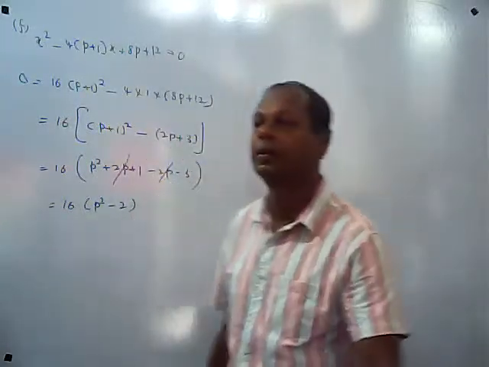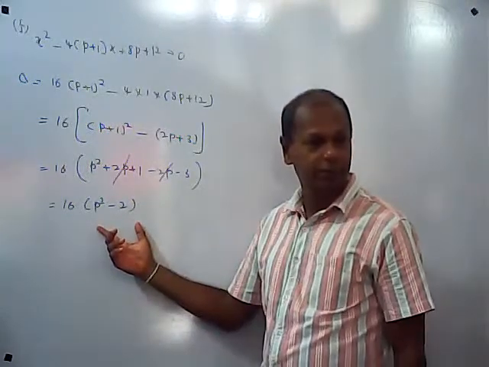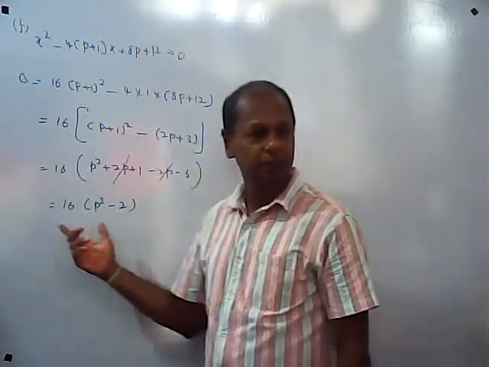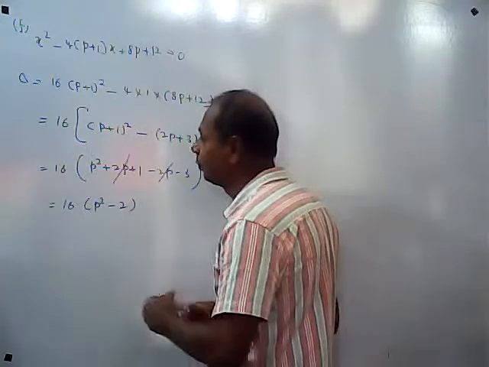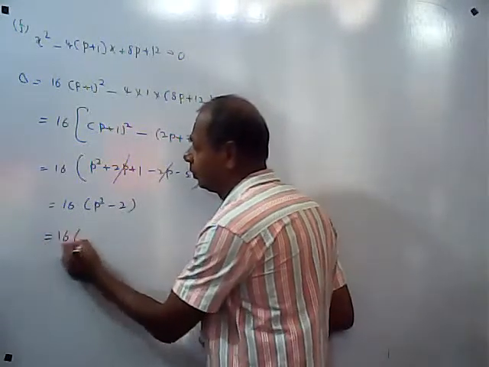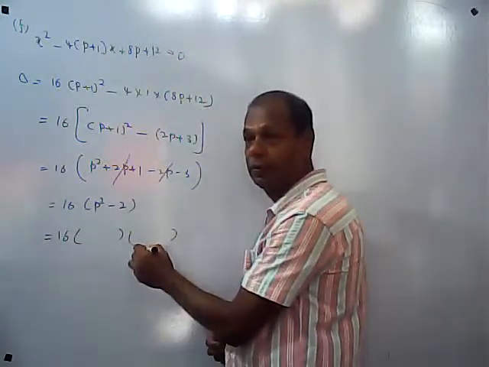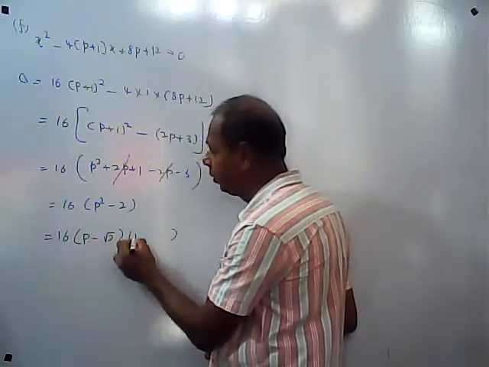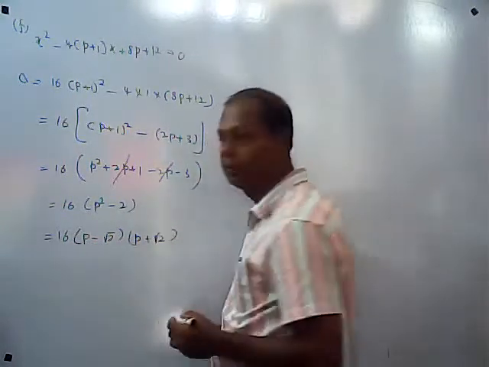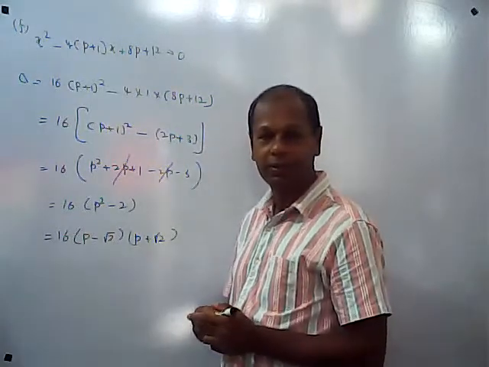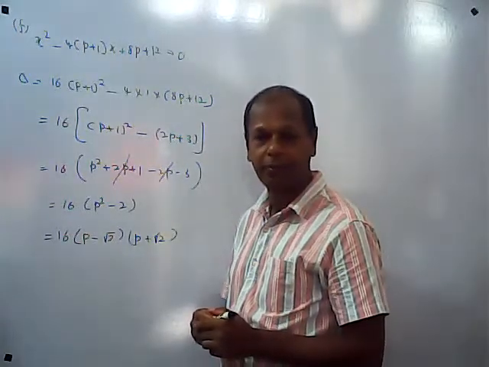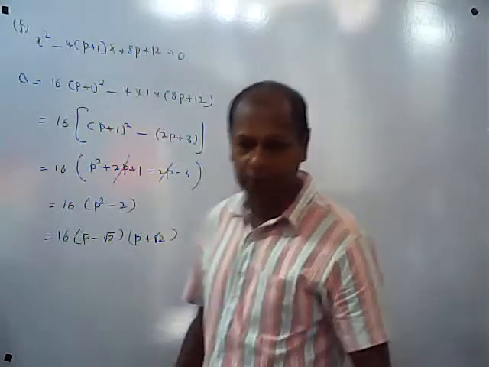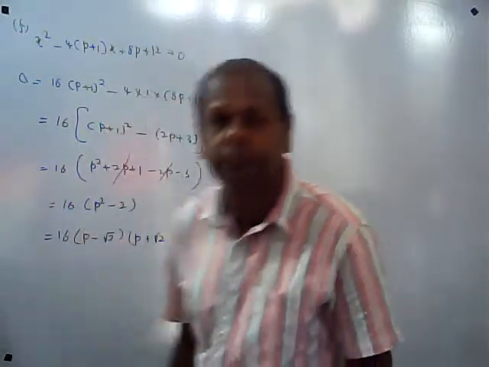You can factorize it, difference of squares. What are the factors? p minus root 2 and p plus root 2. Now you can explain it, right? Those factors are what I want to see.